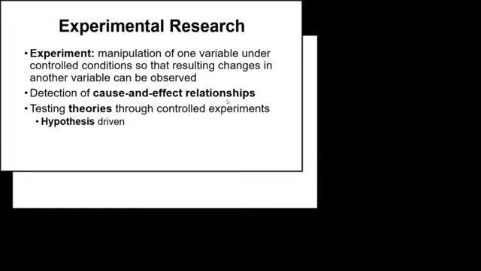So we'll see that these are important for detecting cause and effect relationships. You might also just see that it's a causal relationship, and all that's saying is that thing A, the thing that we're manipulating, is going to cause a change in thing B, the thing that we're measuring. And we'll get precise terms for all of those in a moment.